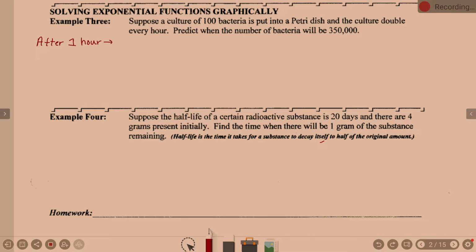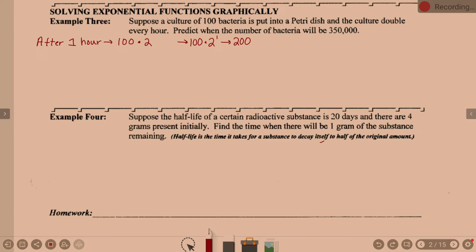So the idea is it's going to be 100, which was the initial, times 2. I'm going to leave a little bit of a blank there for a reason, which means it's 100 times 2 to the first, if you will, which is 200. Just go with some of that for the moment. It'll make perfect sense after the next round or two, because I'm going to do 2 more rounds of this thought process.